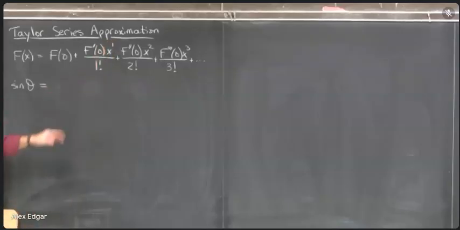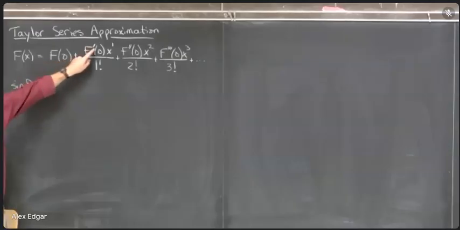You should notice that this is the 0th derivative of the function. So it's the original function, plug in 0, what number do you get? And then here we have the first derivative and the first power and the first factorial. And then we have the second derivative and the second power and the second factorial and so on and so forth down the line as far as you want to take it.